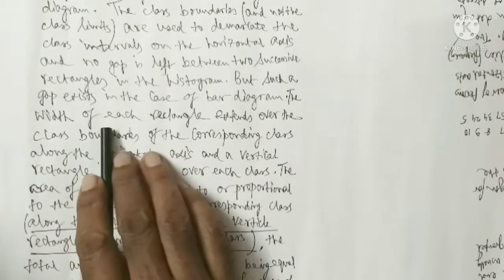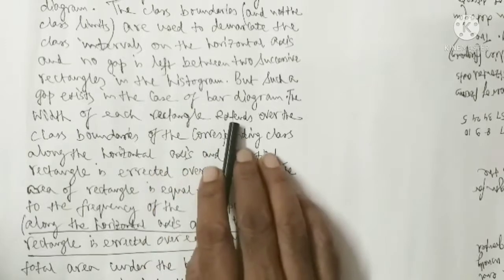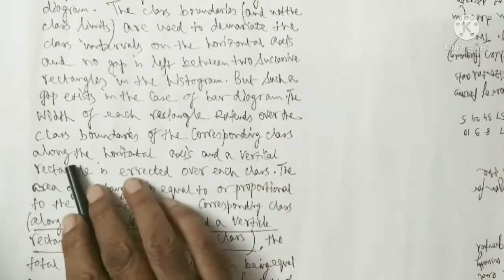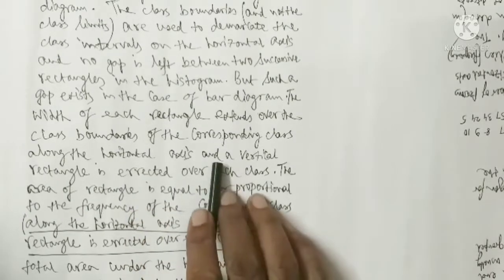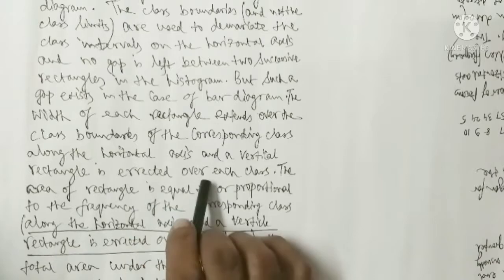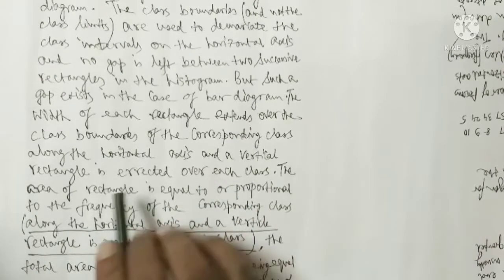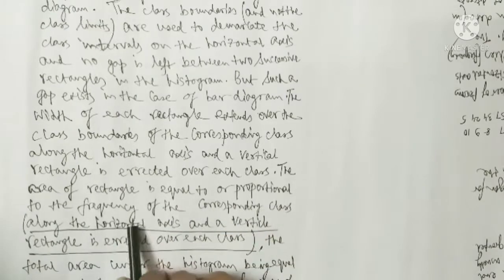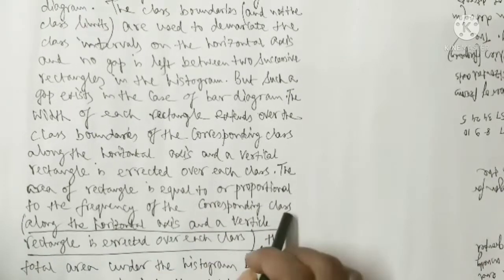The width of each rectangle extends over the class boundaries of the corresponding class along the horizontal axis, and a vertical rectangle is erected over each class. The area of a rectangle is proportional to the frequency of the corresponding class.